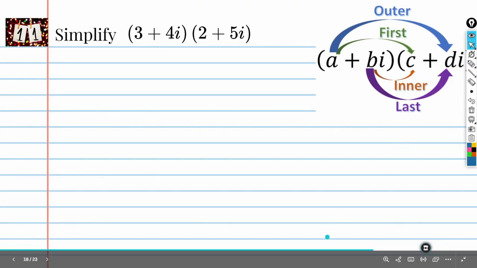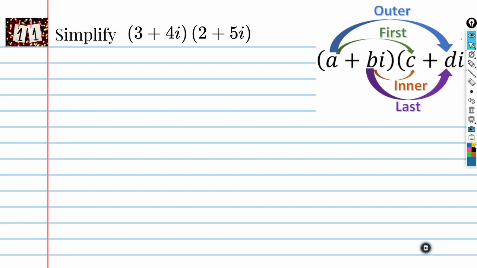So let's look at using FOIL. So the outer is 3 times 5i, so 15i.